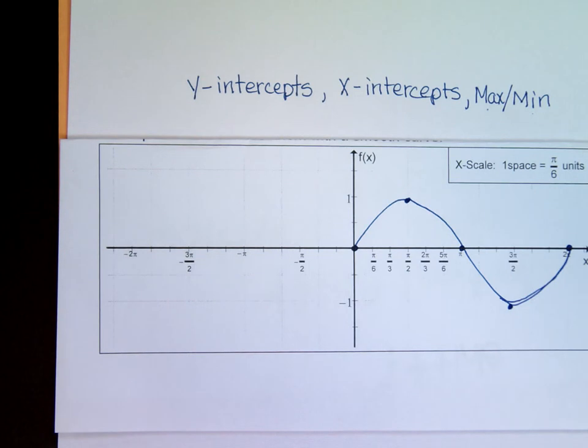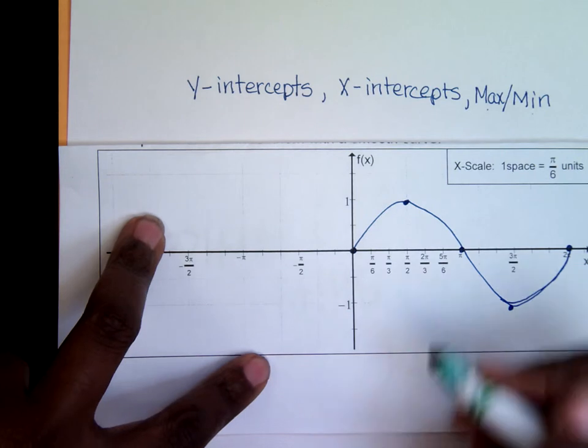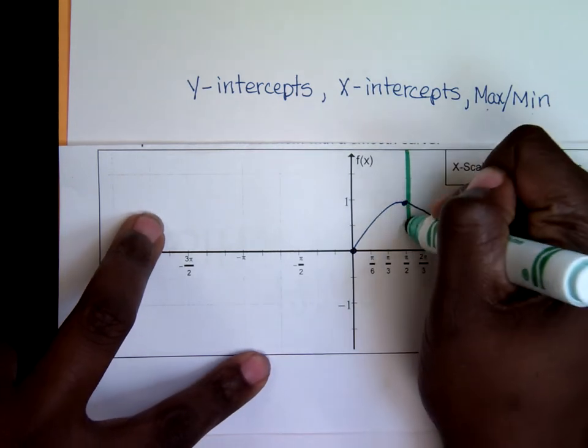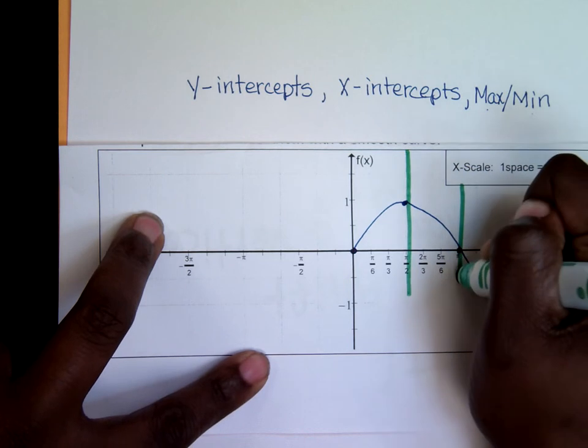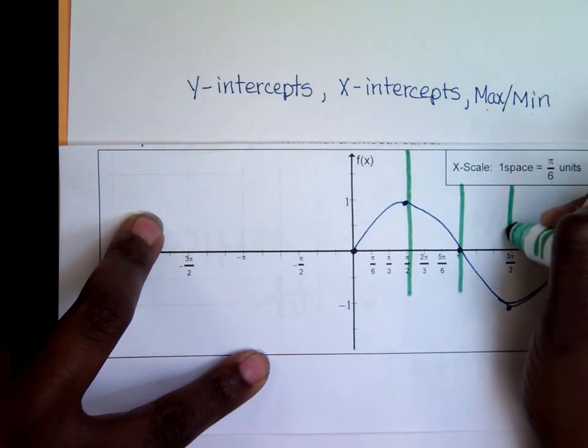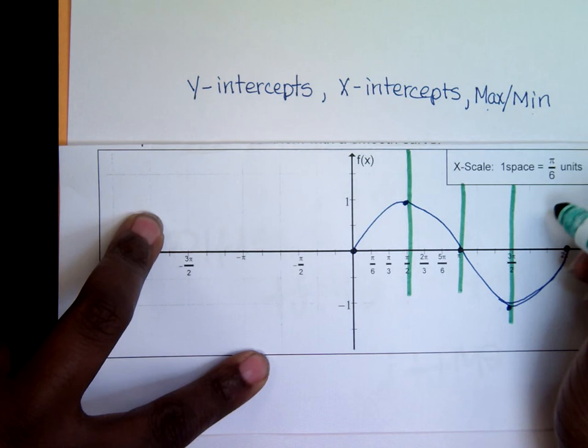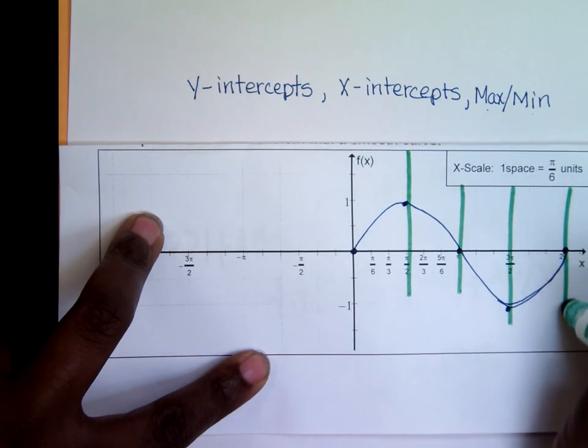In order to graph that same cycle with a smaller or larger period, you should first split it up into fourths. So this is 1/4, this is 1/4, this is 1/4, and this is another fourth.